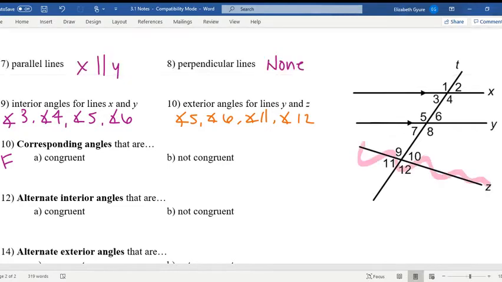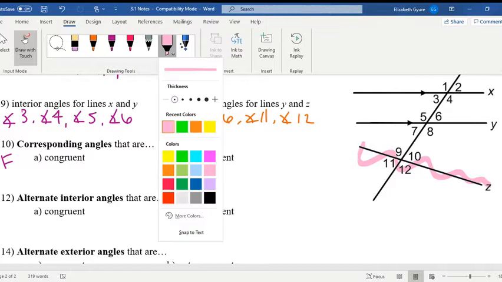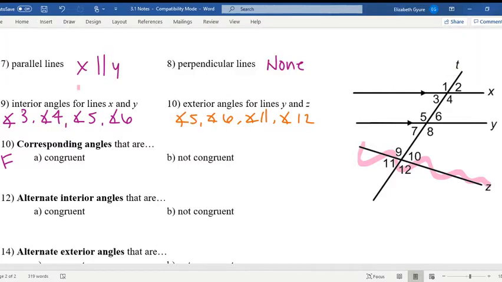It's not going to help me, because is line Z parallel? No. So I only want to look at angles that go with X and Y. And I'm going to identify one pair, and I'd like you guys to identify one or two other pairs, okay? So one pair of corresponding angles here. Again, you're looking for your F shape.